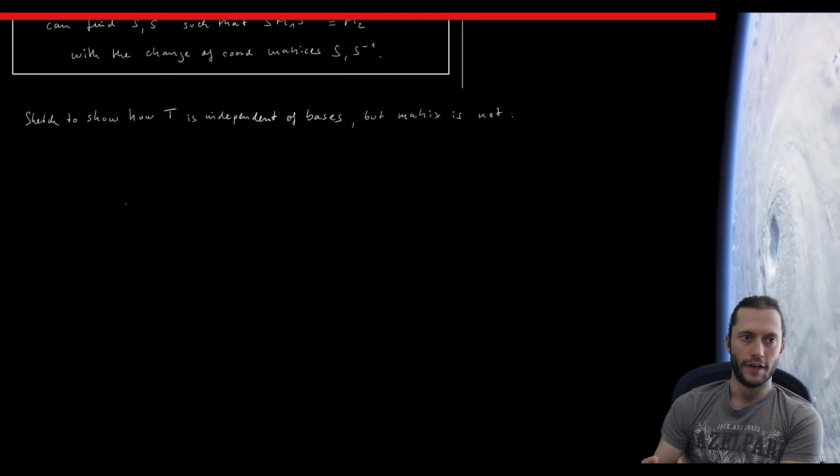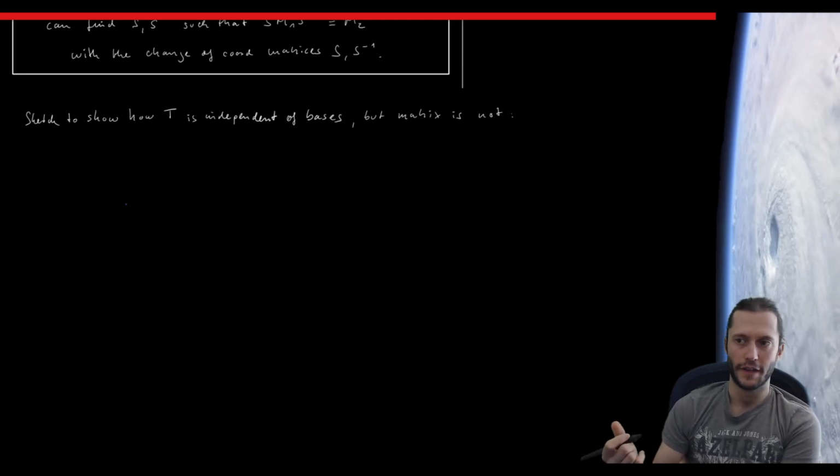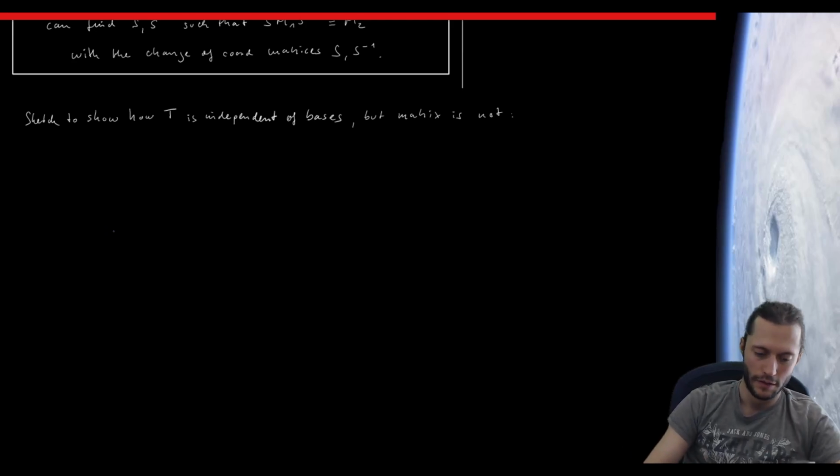I'm going to draw two sketches. One has a coordinate system with the basis of eigenvectors, and the other one will be the standard coordinate system. And of course, the standard basis vectors are not eigenvectors in this example. So let's start with the eigenvector basis B.